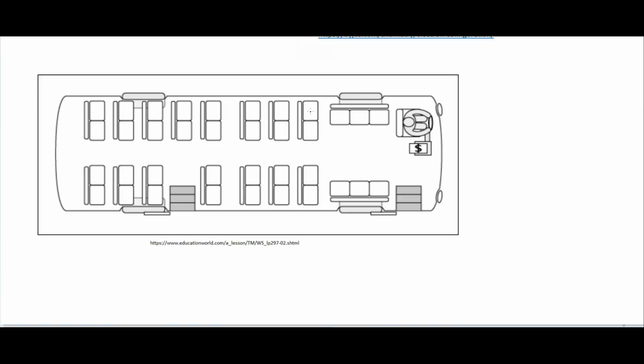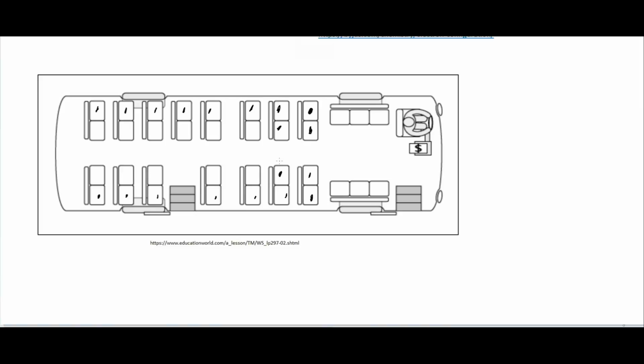That passenger will take this seat, the next one will take this seat, then the next one will take this seat, then this seat, and so on and so forth. So everybody is taking their own pair of seats, and only once every one of these has been taken will the next person start sitting next to other people here.